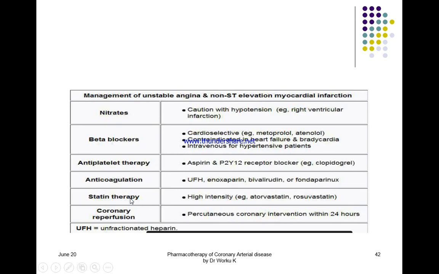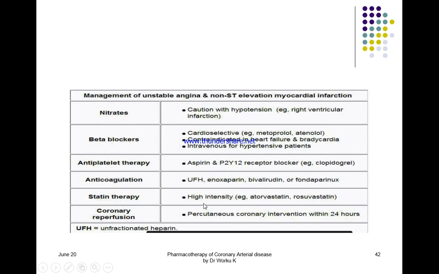We need to put the patient on anticoagulation with either unfractionated heparin, like heparin, or low molecular weight heparin like enoxaparin, rivaroxaban, or fondaparinux. These low molecular weight ones are preferable.